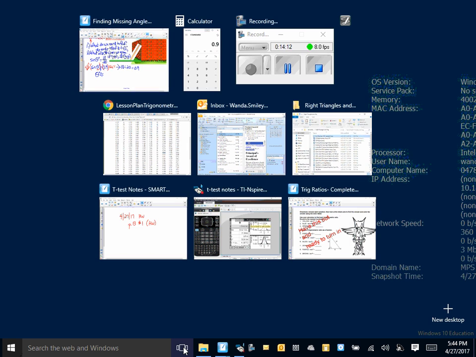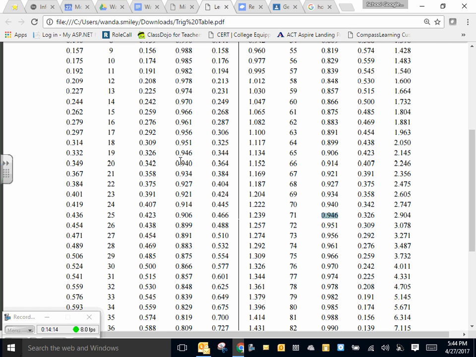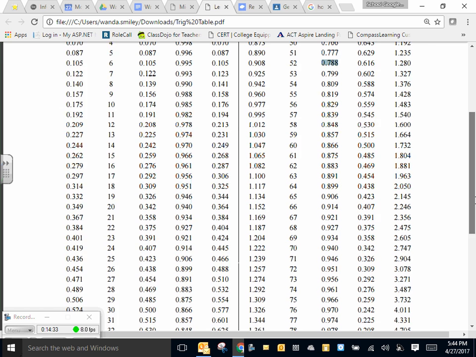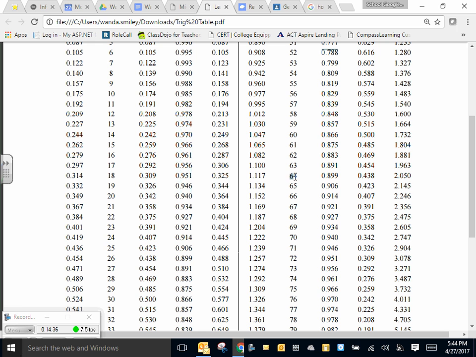So we're going to go back to our trig table. What we're looking for is the number that's the closest to 0.9. We're only going to look down the sine column. If you will notice, the numbers are increasing. When I get to 64 degrees, I see that the number is 0.899, which rounds to 0.9.